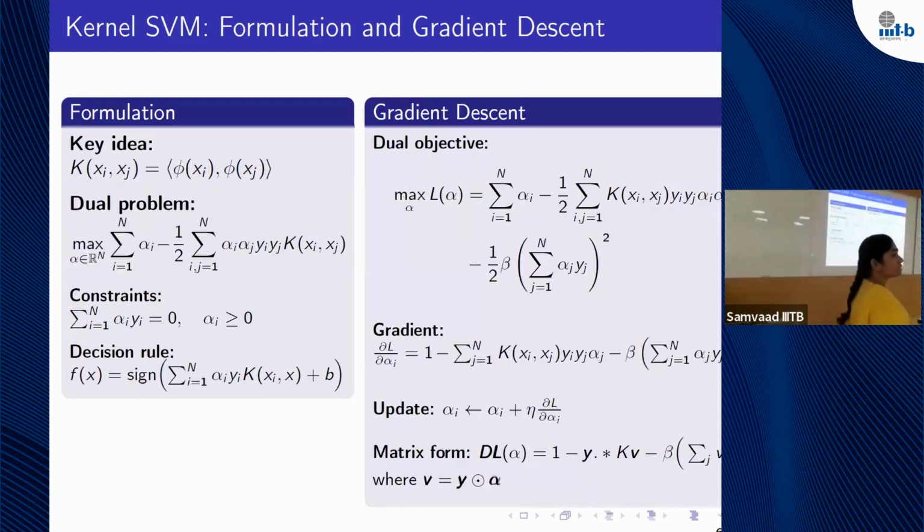I use gradient descent. In gradient descent, the objective function that I consider is whatever objective function I have in the dual problem minus some penalty I assign on these constraints. So whatever is the constraint that we have, sigma i equal to 1 to n alpha i yi, I take the square of it and multiply it with beta. Beta here is a positive hyperparameter, and I put a negation here.